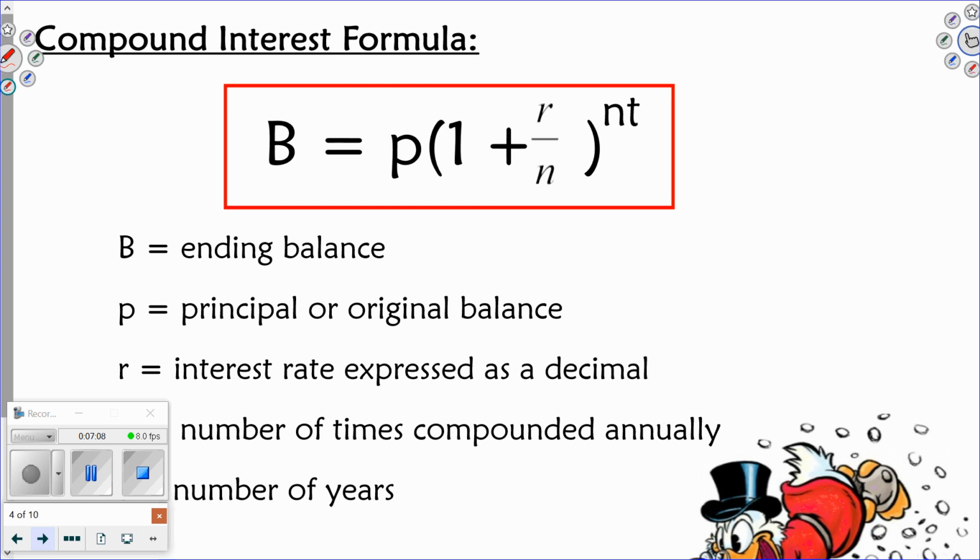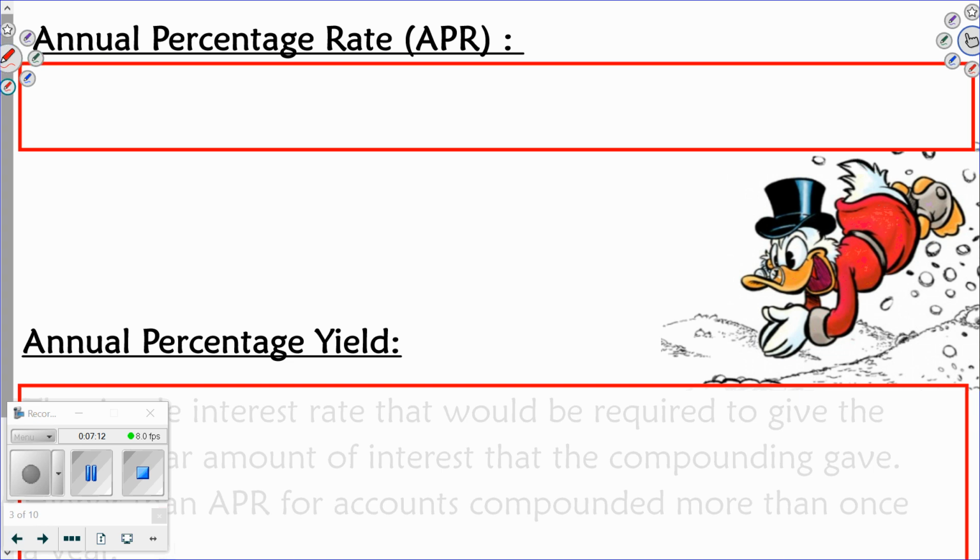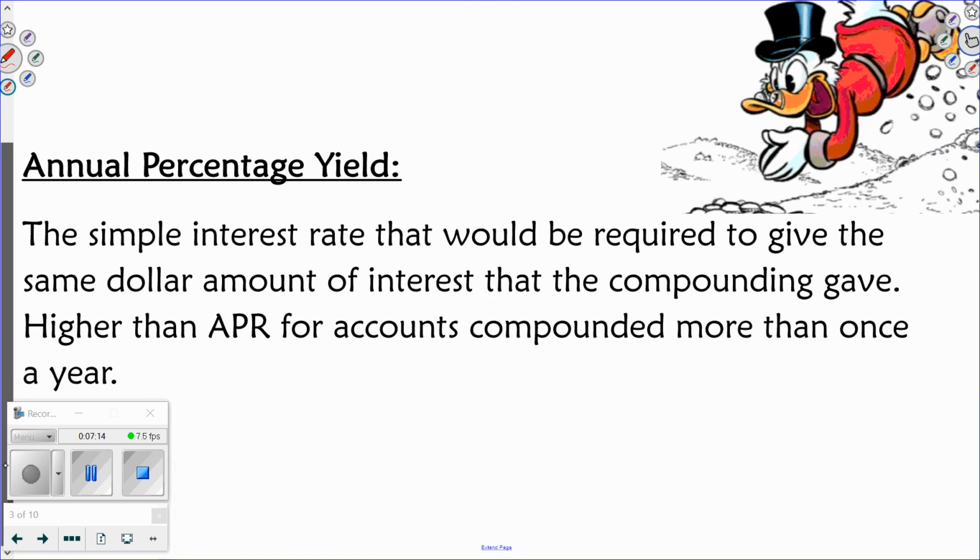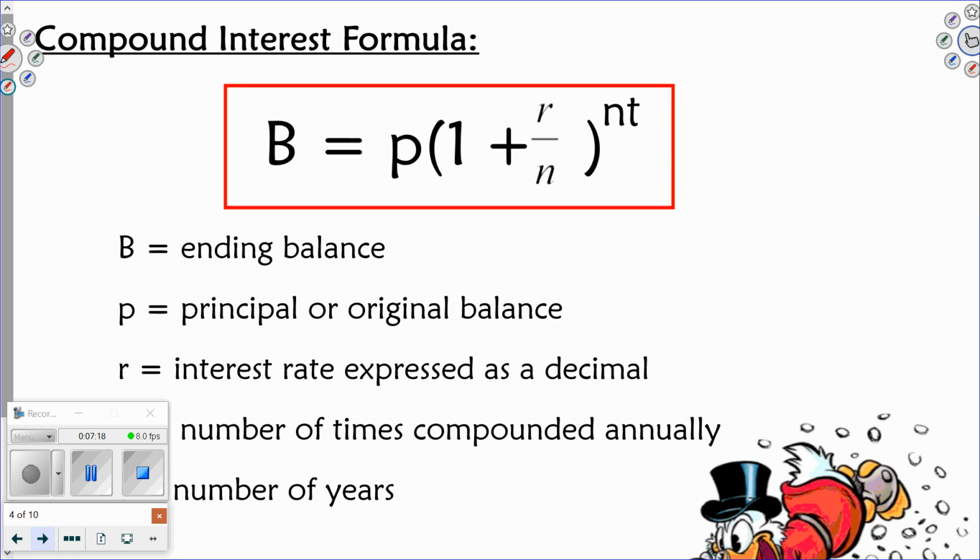Isn't it pretty? Are you good? Okay. All right, so your formula, I need you guys to start recognizing what the different letters are. Capital B is your ending balance. So this formula is solving for the complete balance in my account.